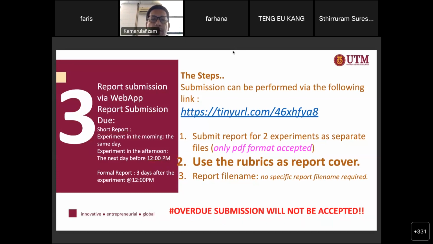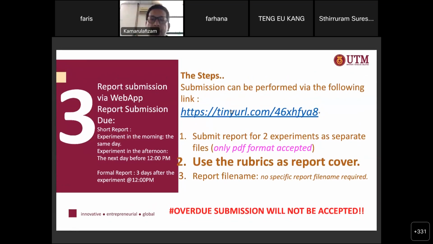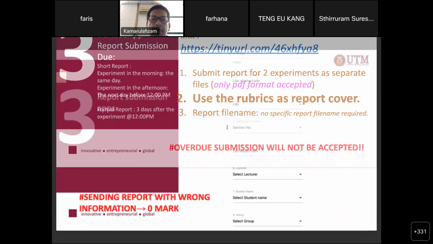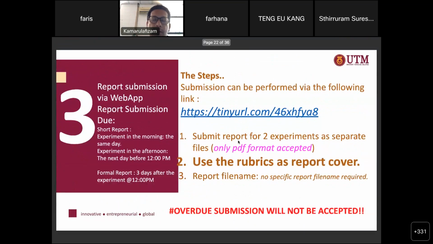Okay, so that is the submission link. Even if you have a problem submitting through the web app, please contact me. I will guide you through. After each submission, you can check whether your report is accepted by the system or not. For Lab 3 students, I think you know what happened.